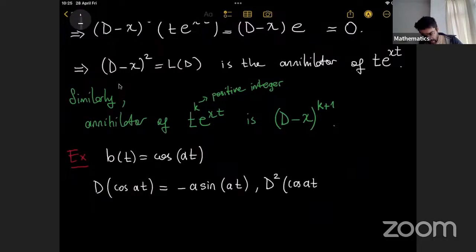cosine at. You differentiate this again, so what is the derivative of this?